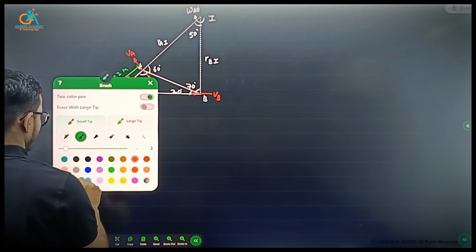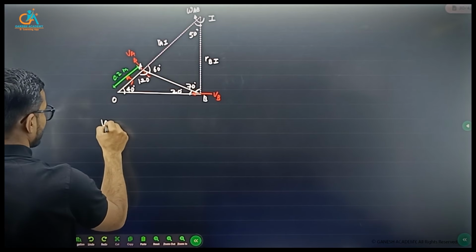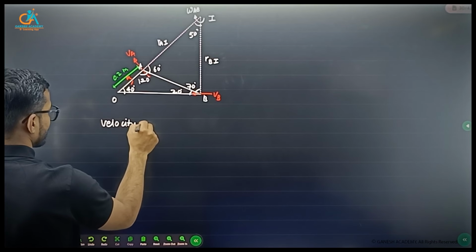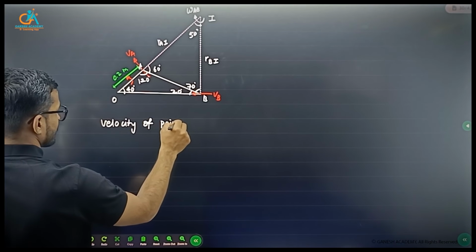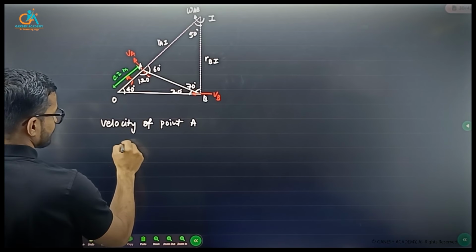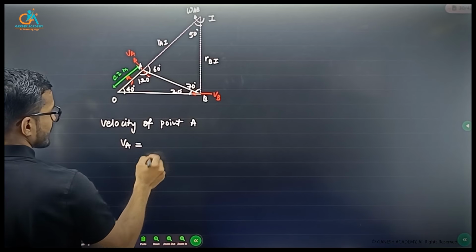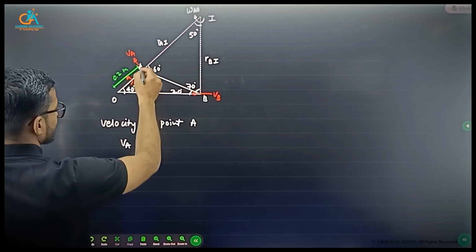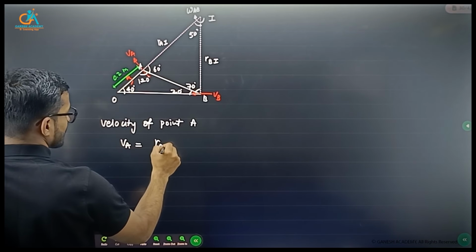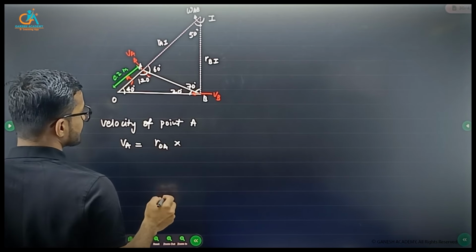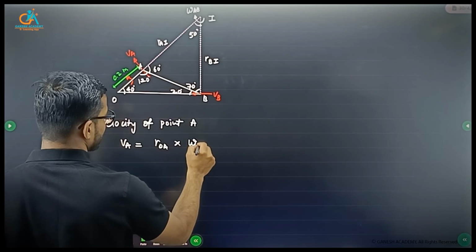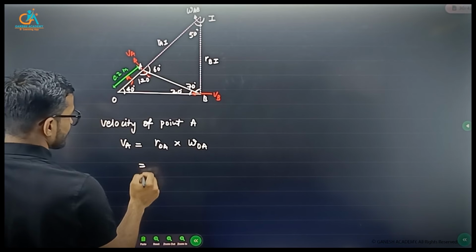So velocity of point A, VA, is nothing but equal to this ROA, radial distance, into angular velocity of OA.